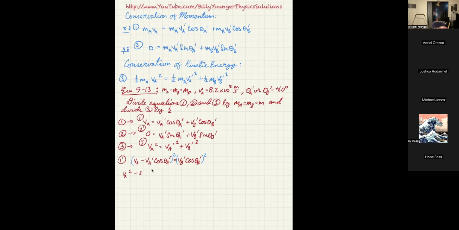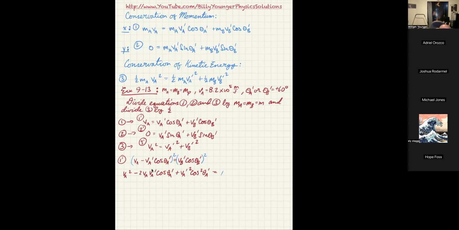And then you have 2 VA VA prime cosine theta A prime. And then finally, you have the square of the last term. And of course, the square of a negative is a positive, so this one becomes VA prime squared cosine squared theta A prime.